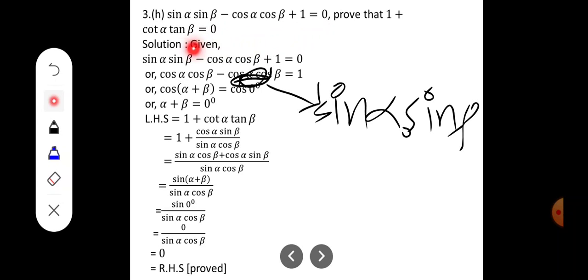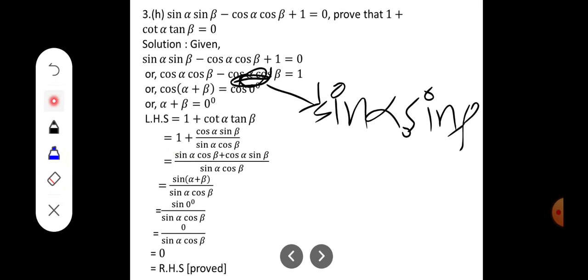Now left hand side, 1 plus cot alpha tan beta, where cot alpha equals cos alpha over sin alpha, tan beta equals sin beta over cos beta. Then for the fractional addition, we need the LCM, that is sin alpha cos beta. Dividing the LCM by the first denominator, we get sin alpha cos beta, and multiplying with 1 we get this.